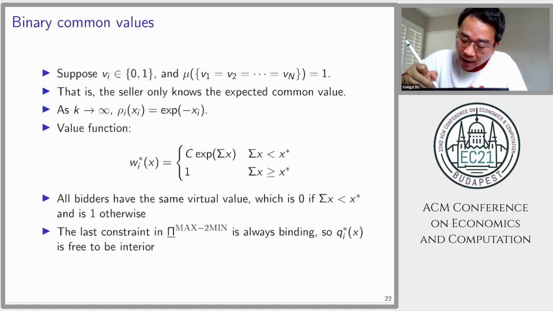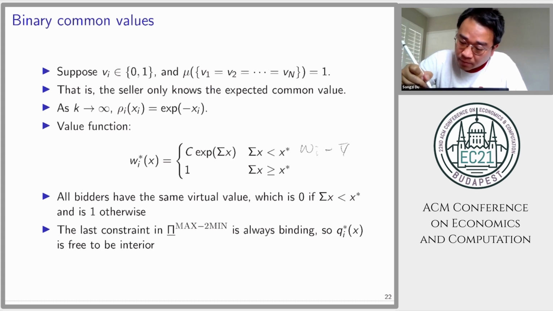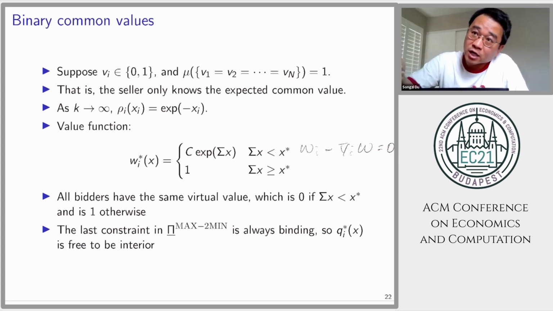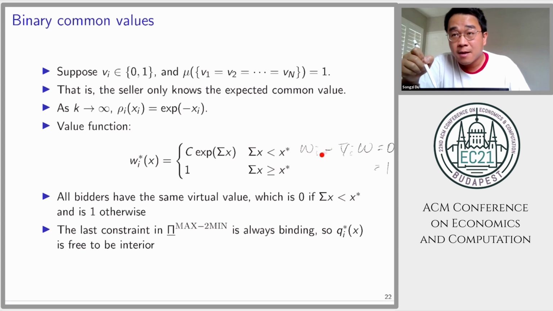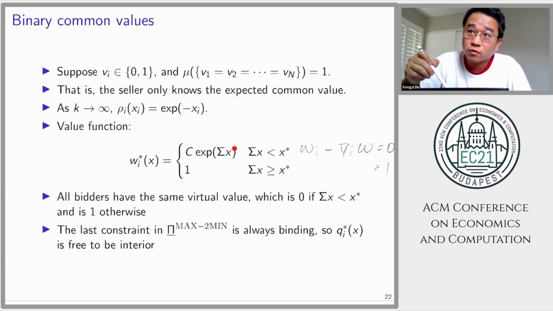Obviously the implied virtual value, W minus the partial derivative of W, is exactly 0 in this case, because the derivative of an exponential function is the exponential function itself. On the other hand, the virtual value is equal to 1 in the high region, where the interim value is equal to 1, because of course the derivative is 0 in the high region. This is true for every bidder, because every bidder has exactly the same interim expected value.